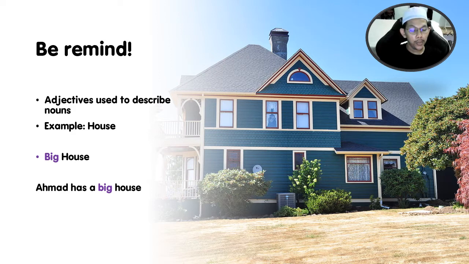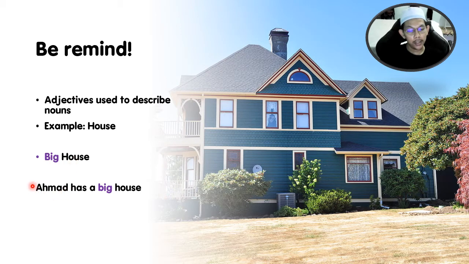The word big in purple is the adjective. Adjective yang menerangkan pasal house, yang menerangkan pasal rumah. So the color purple, you can see this, the big house. Big in purple, purple is the adjective. House is the noun.